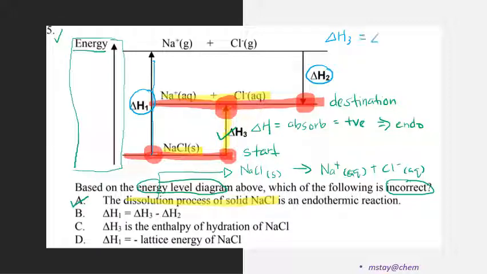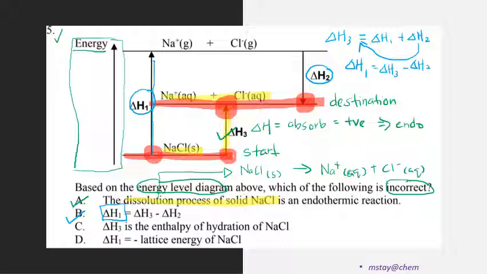So that's why it's equal to delta H1 plus delta H2. But here we want to get the delta H1 on the left-hand side, so we move delta H2 to the other side. We end up with delta H1 equal to delta H3 minus delta H2. So option B is also correct.